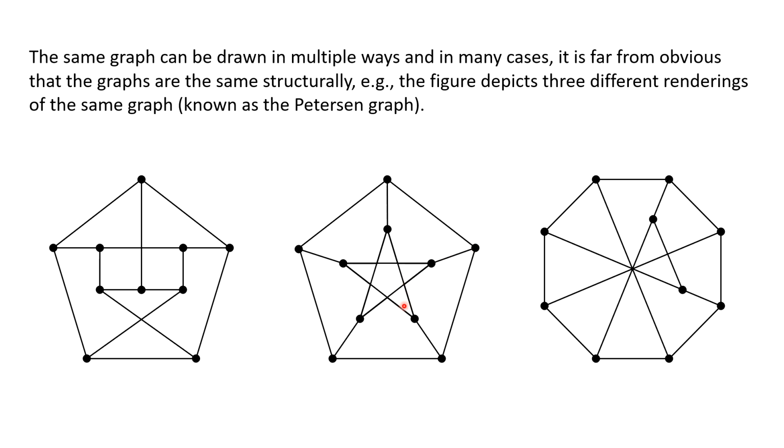It would take some effort to sort out and convince yourself that they are. One way to do it would be to take this one in the middle and give labels to every vertex and labels to every edge, and then map that to the edges and vertices in either one of these two here. So it's a bit of a complex process.